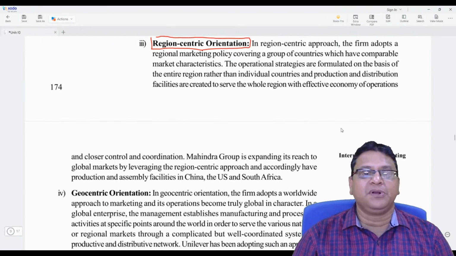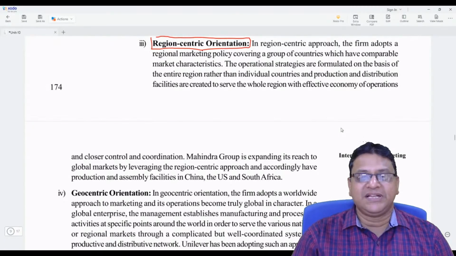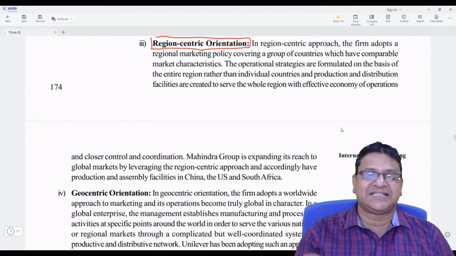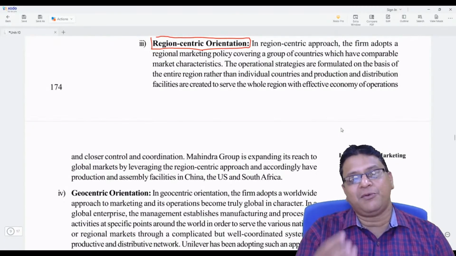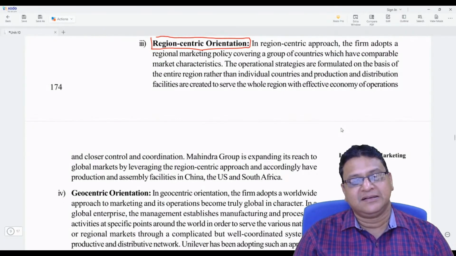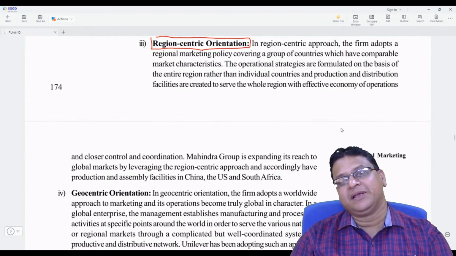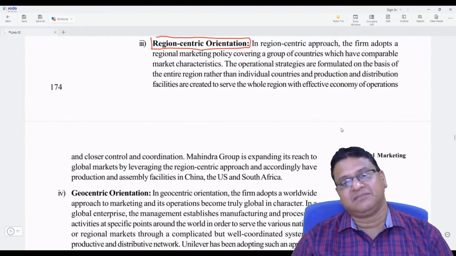Let's take an example. One region may be the Southeast Asian region, consisting of India, Pakistan, Nepal, Bhutan, Sri Lanka, Myanmar. One marketing strategy will be for the entire region.